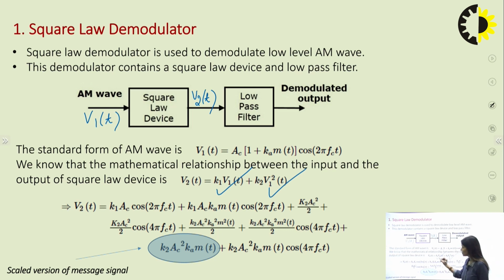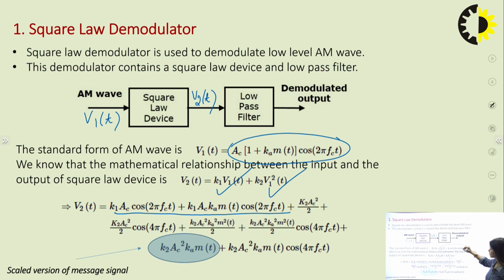So K1 V1(t), I will multiply this equation by K1. I will square this equation and will just solve this expression K2 V1 square (t). After solving, putting the V1(t) value into the equation number 1, suppose this to be equation number 2.